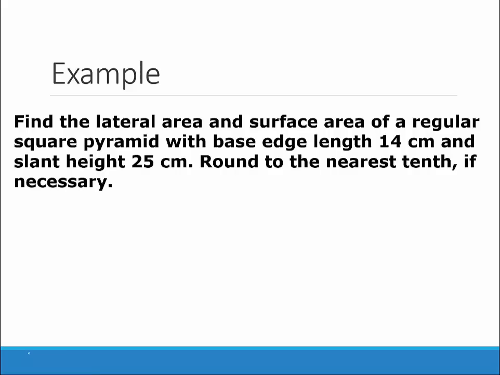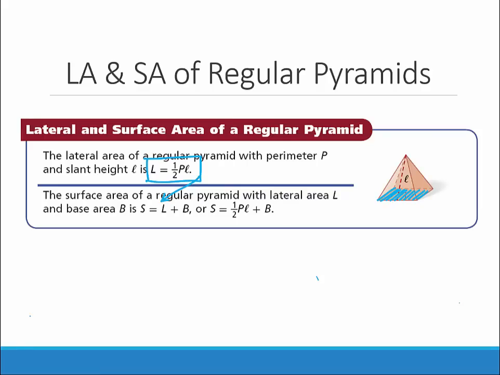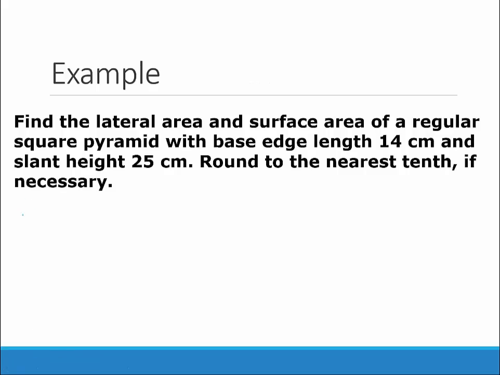So let's do an example. Find the lateral area and surface area of a regular square pyramid with a base edge length of 14 and a slant height of 25. In order to find lateral area and surface area, we need to know two things. We need to know the perimeter, and we need to know the area of a base. The perimeter is all the way around, and because it's a square pyramid, we know all the sides have got to be the same.